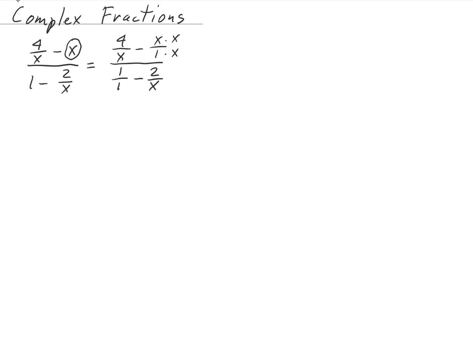The second fraction, 2 over x, already has an x in the denominator. I can multiply the first fraction, the top and bottom, by x. And then we get this, 4 over x minus x squared over x on the top. On the bottom we get x over x minus 2 over x.